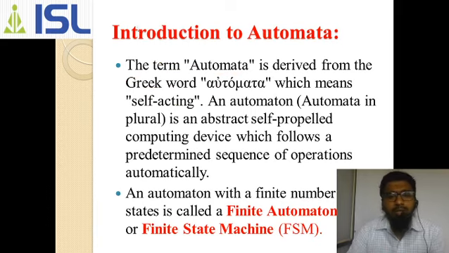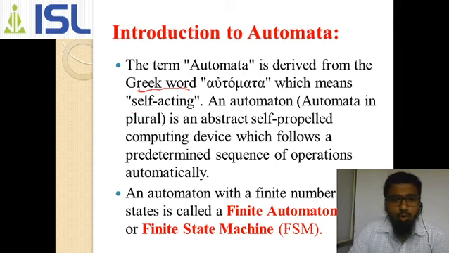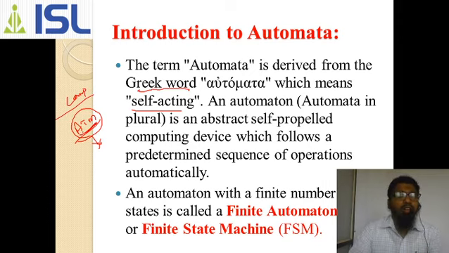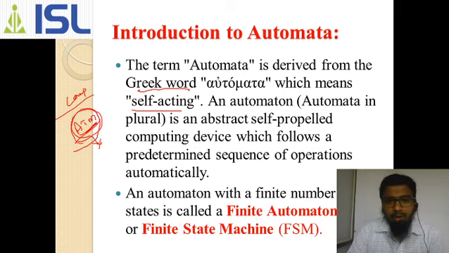Now, what is automata? The word automata is derived from the Greek word automata, which means self-acting. I gave you the example of an ATM, an automatic teller machine; it performs operations by itself and gives the output. You can also take the example of a computer.